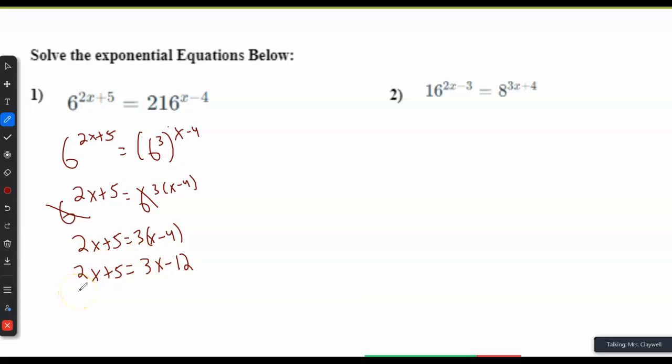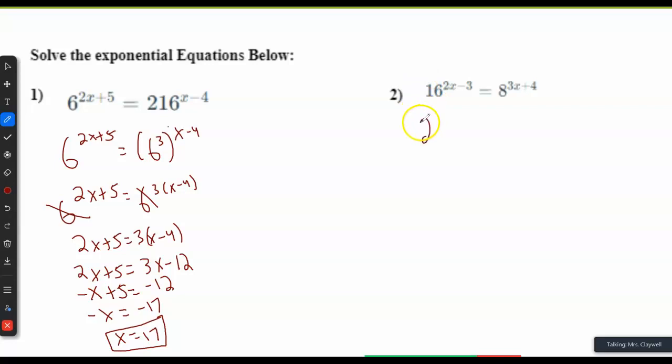So should we get an x equals 17? Then 2, 8, and 16. You can look at your charts.